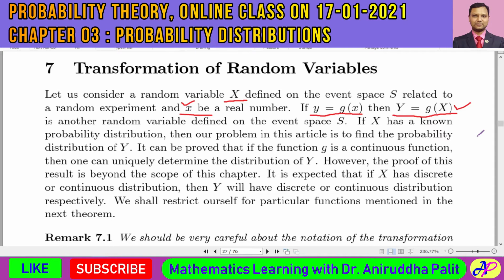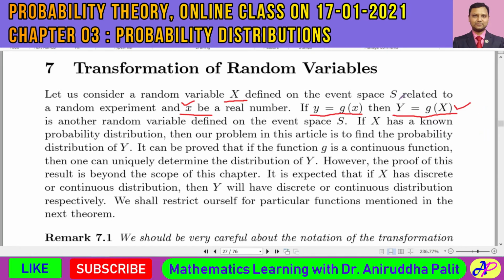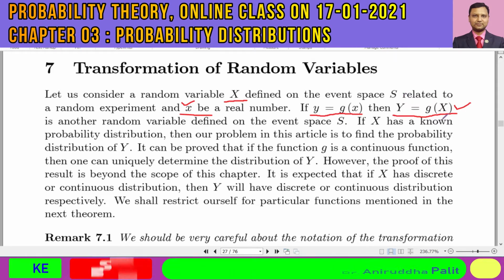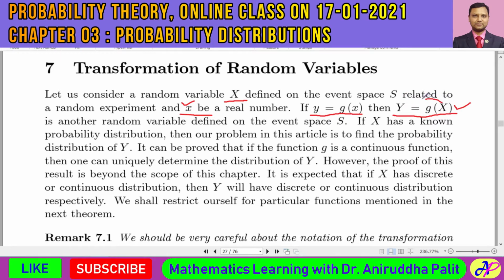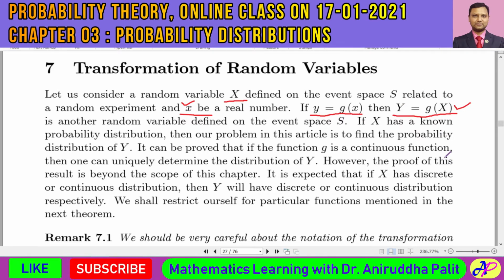This is called the study of the transformed random variable, from the random variable X to the random variable Y. From the distribution of X, we are going to find the distribution of Y.